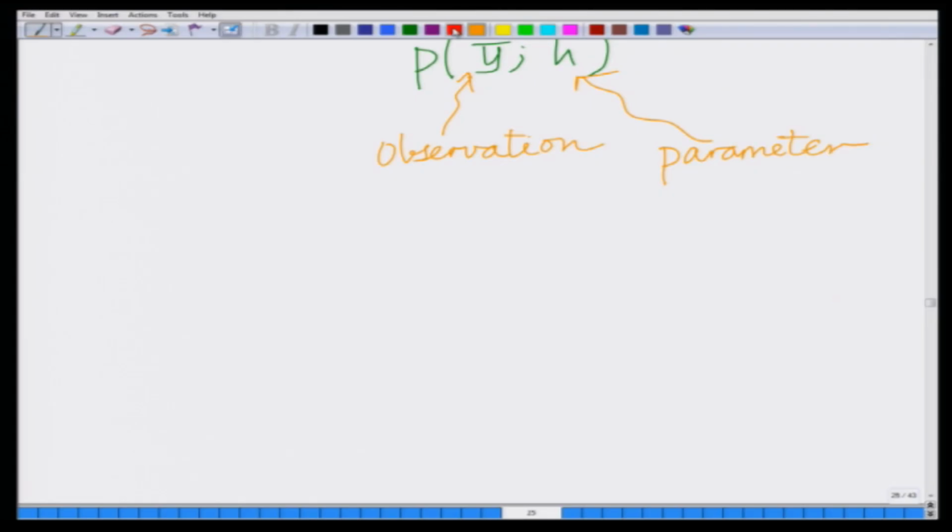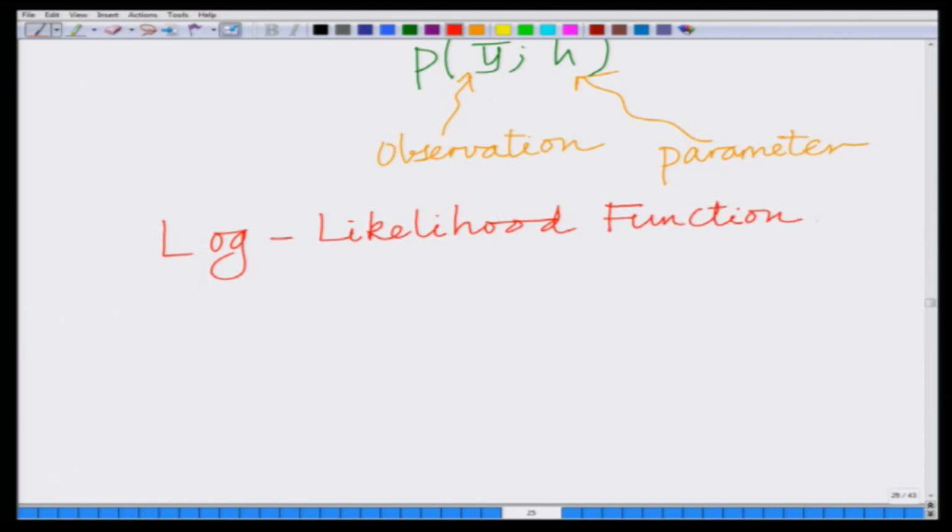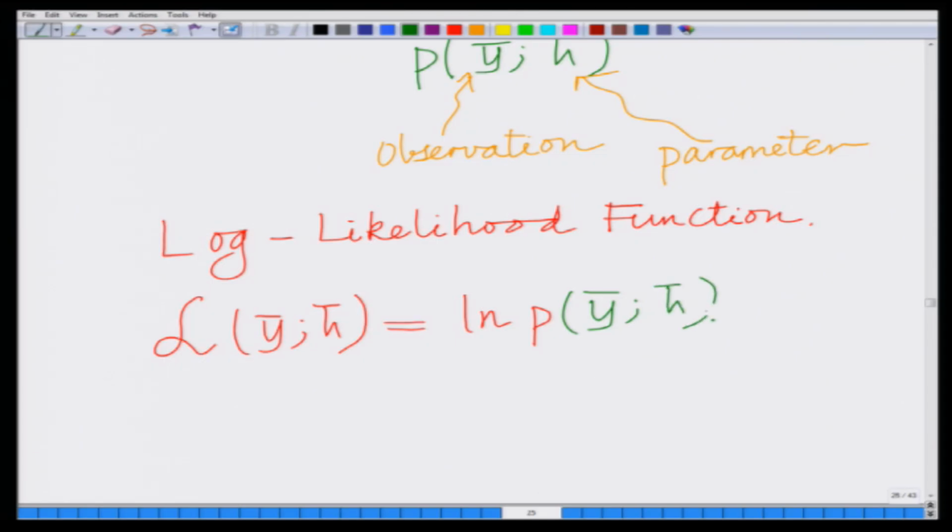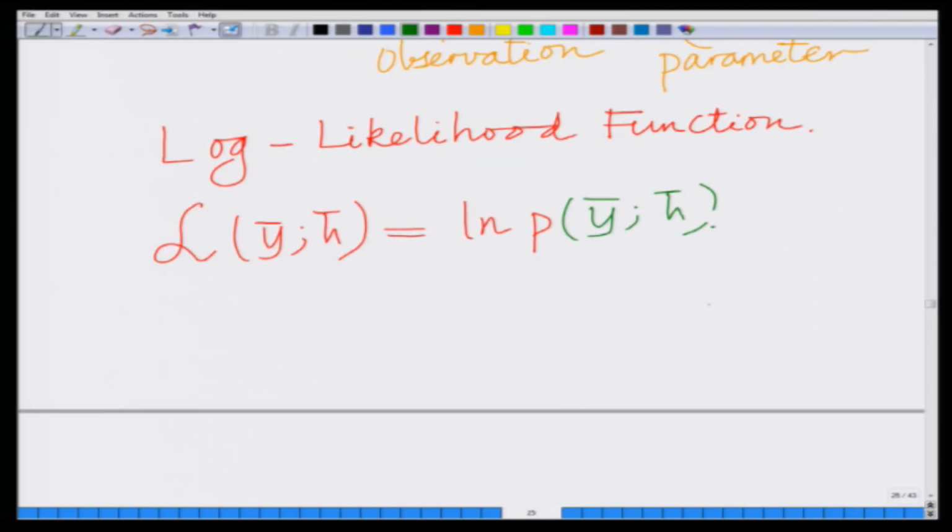So, again traversing exactly the same steps as we have done before, the log likelihood function of the observation parameterized by the parameter vector h bar is nothing but the natural logarithm of the likelihood function, that is P of y bar semicolon h bar.